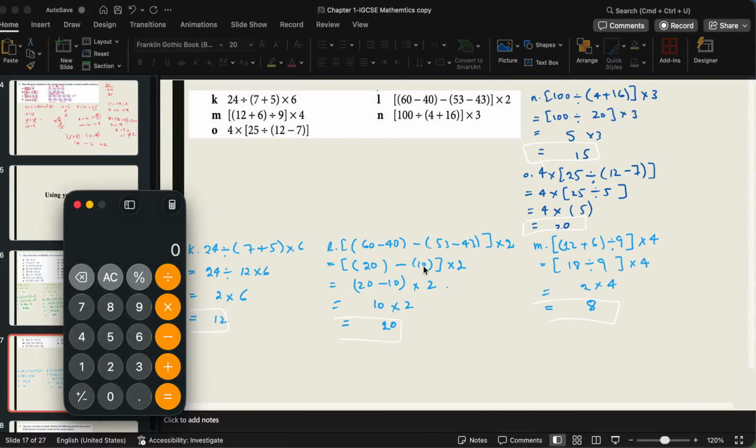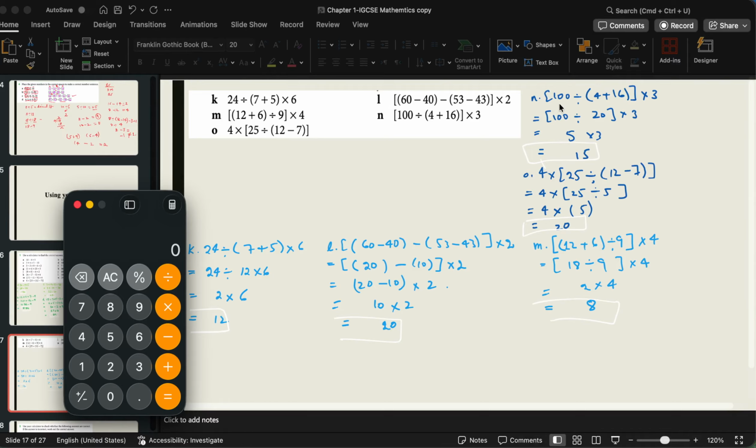So 20 minus 10, we are left with 10. Now that we have solved the square brackets and the parentheses, we do the operation outside the bracket, which is the multiplication by 2. So 10 multiplied by 2 is equal to 20.